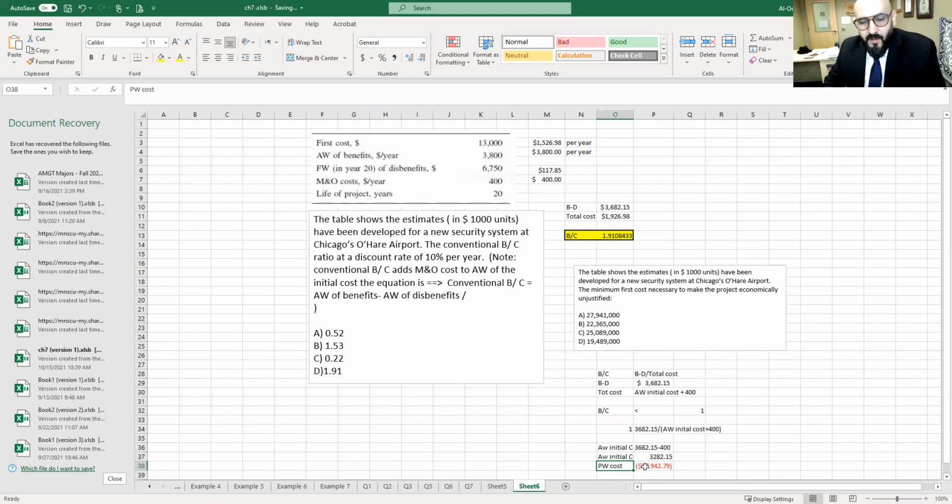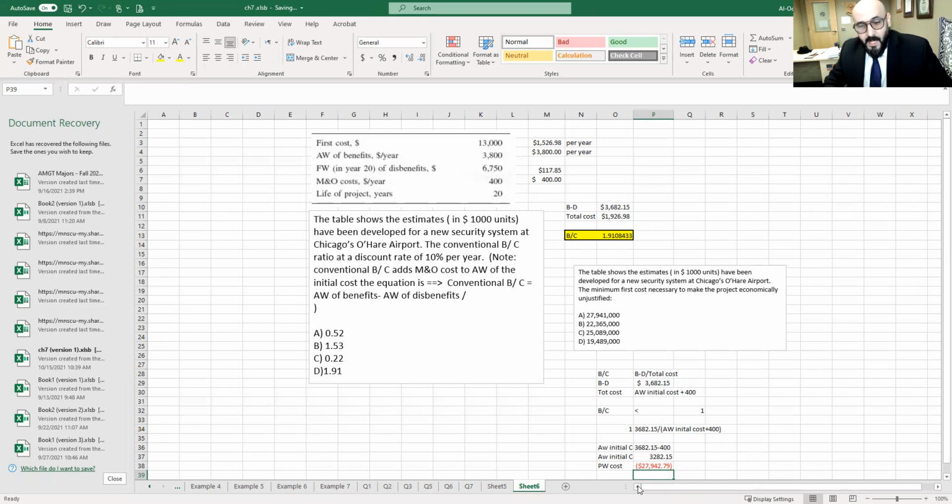Now, in order to find the present worth of the cost, we use the PV function, 10%. This project will last for 20 years. For the payment parameter, it will ask you for the annual payment, which is the annual worth of the cost, and we select the number we just calculated from solving the BC ratio for the annual worth of the initial cost. That gives you 27,942. Again, this gives you a BC ratio equal to 1, so we need something less than that.